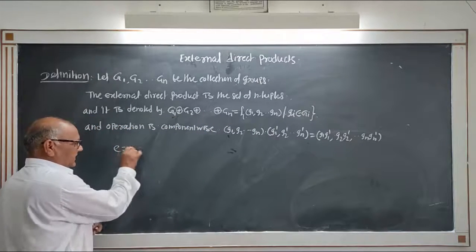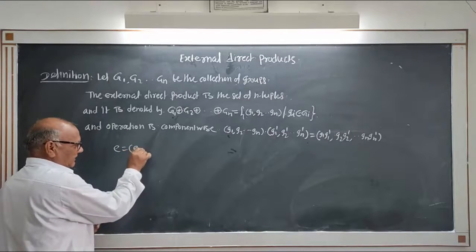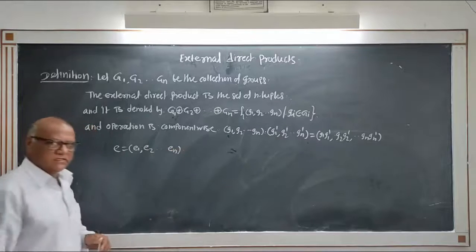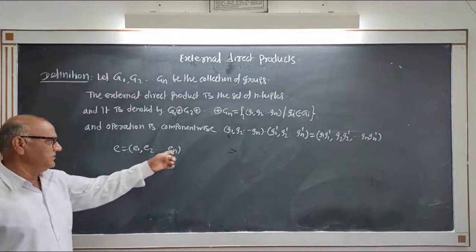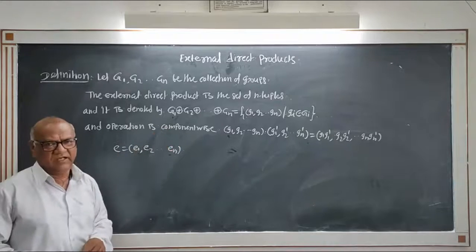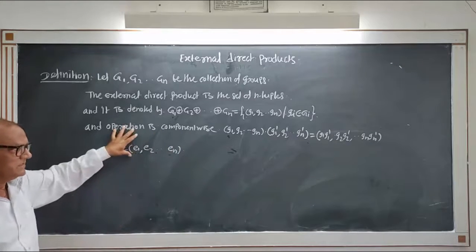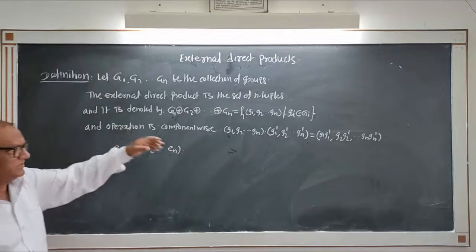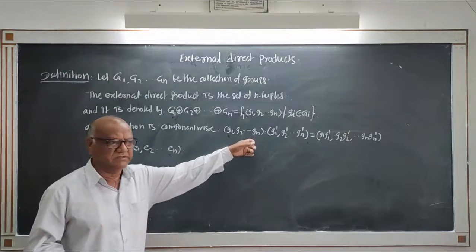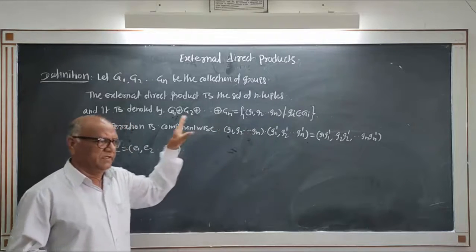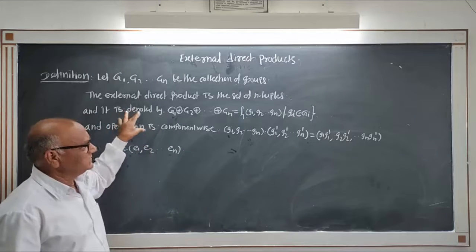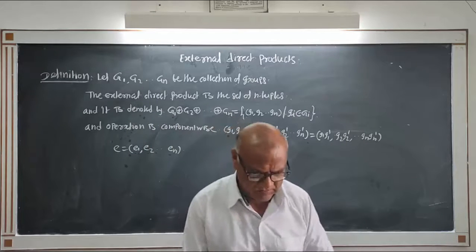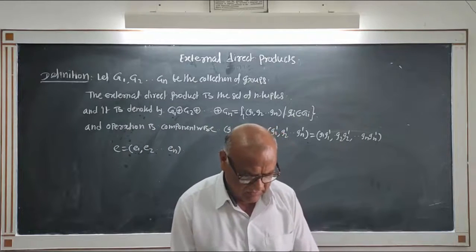Here the identity is (e1, e2, ..., en), where ei is the identity in Gi. This is a group under this component-wise operation, and this set is called the direct product group.